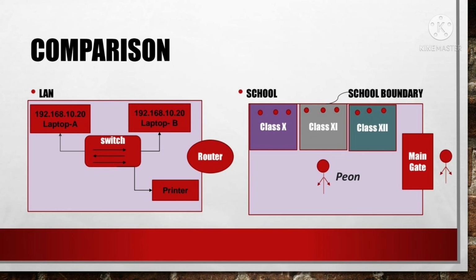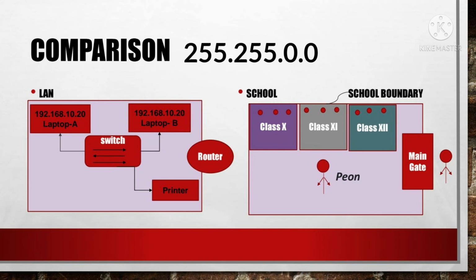So, the subnet for this particular local area network could be 255.255.0.0. What does this mean? These two 255 flags denote that this particular local area network has a fixed range of 192.168. So any device which falls under this particular IP address range would be a device in the local area network.